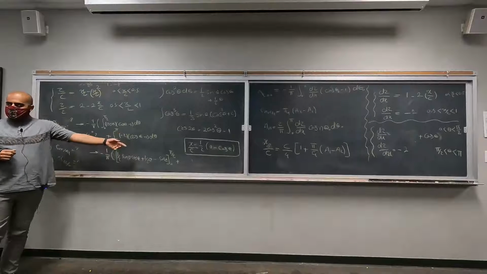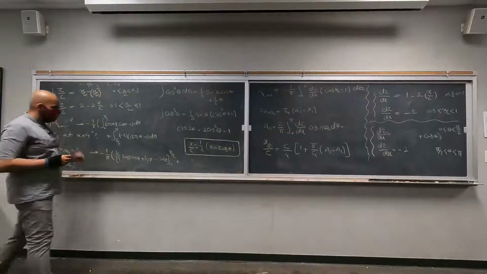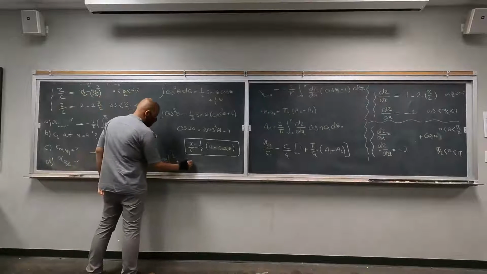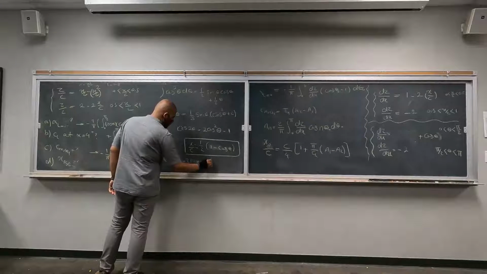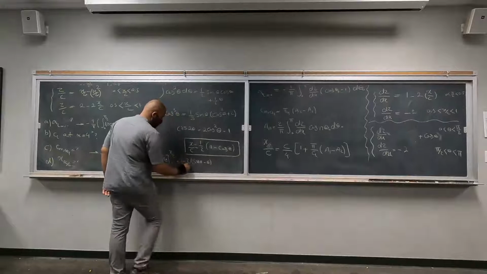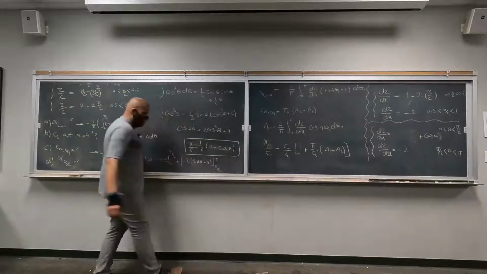Negative 2 cosine of theta, so negative sine of theta minus 2 theta, right? Or negative 2 multiplied by sine of theta minus theta, from pi over 2 to pi.